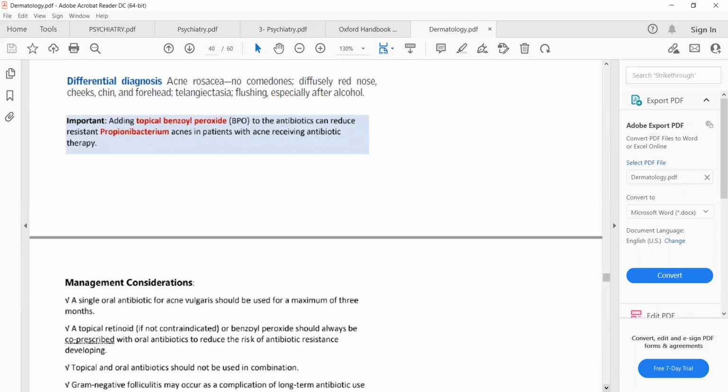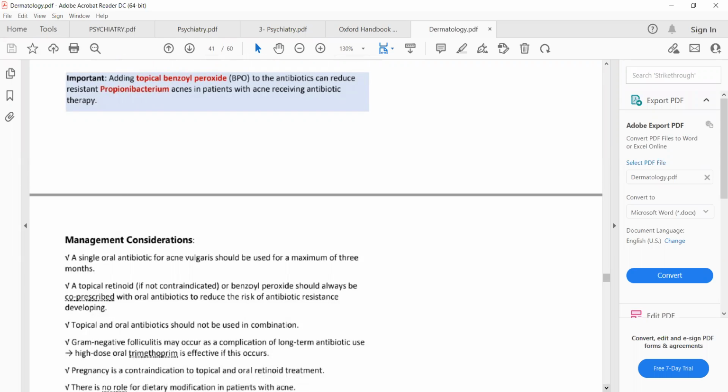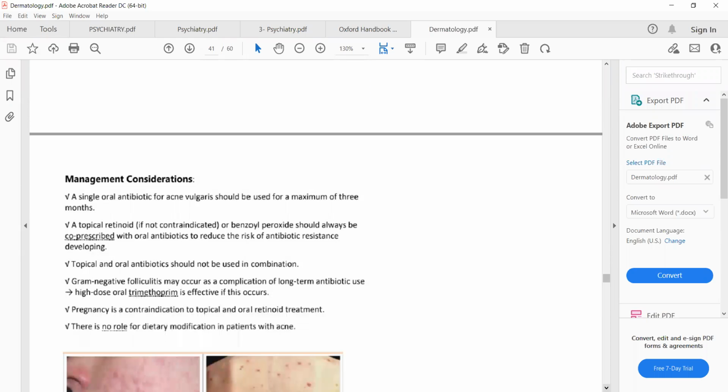So basically, adding topical benzoyl peroxide to the antibiotic can reduce the resistance against the bacteria, that is Propionibacterium acnes. That's the reason we add benzoyl peroxide along with oral antibiotics such as oral doxycycline.